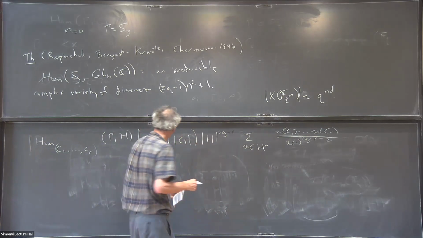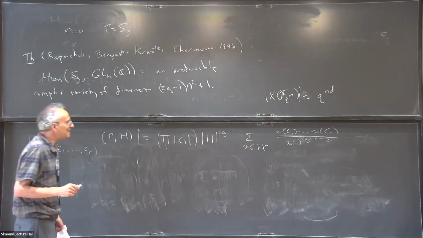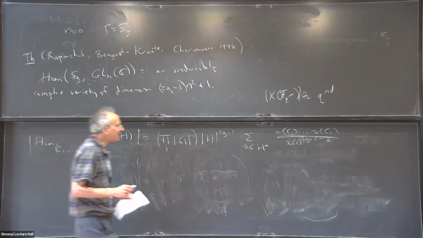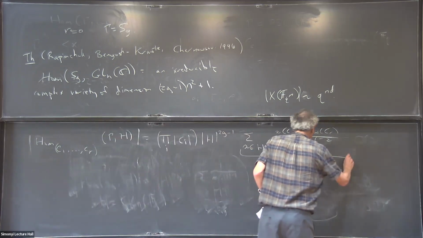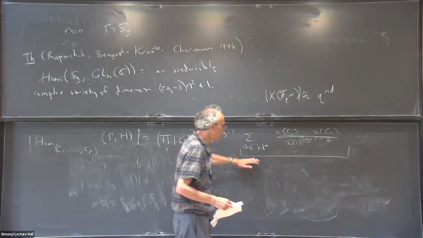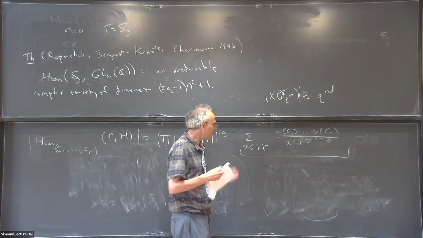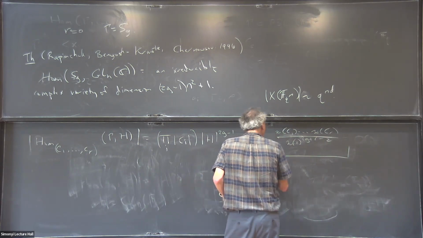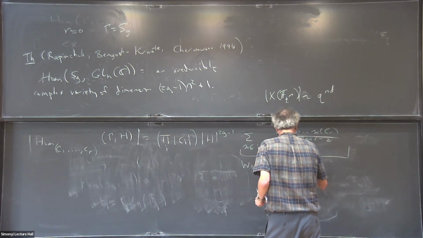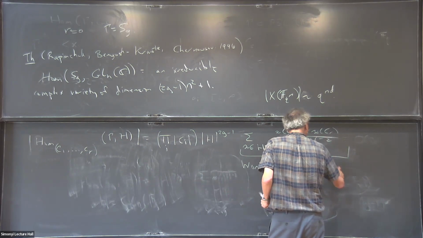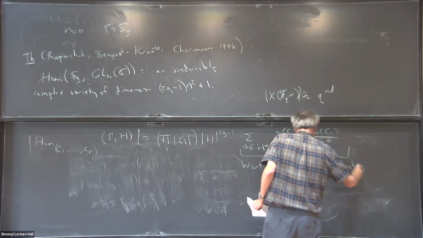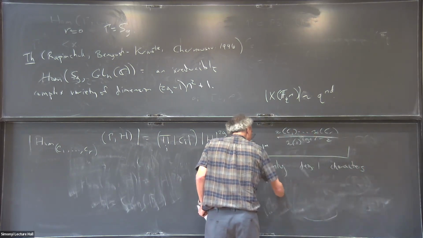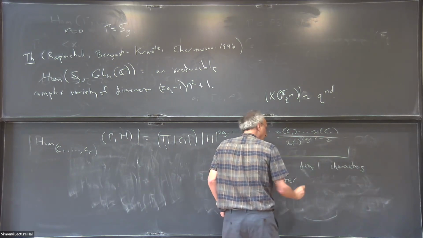So that's Hurwitz's formula. And of course, what we would like to do is estimate this. And what we'd like to say is that we want only degree 1 characters to matter asymptotically.